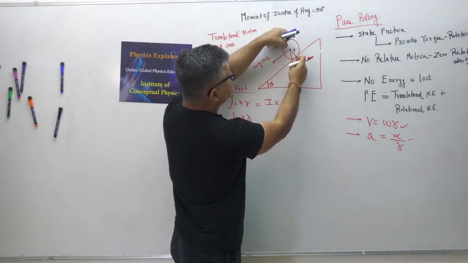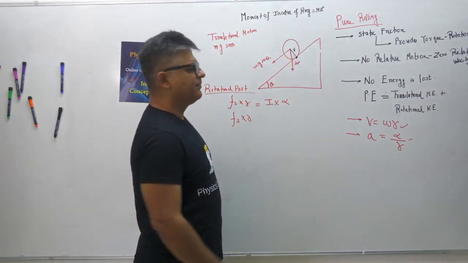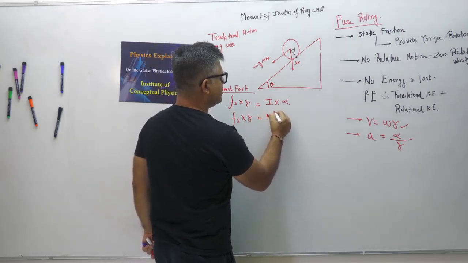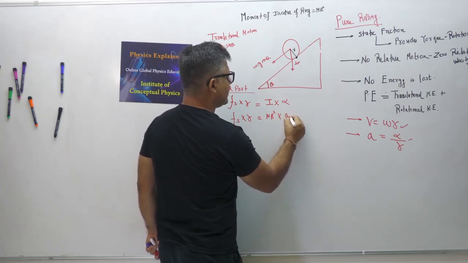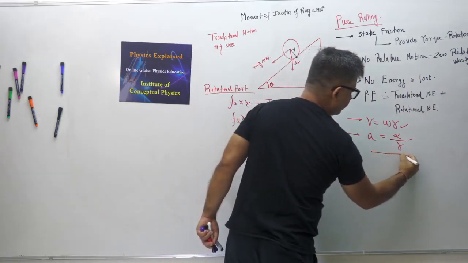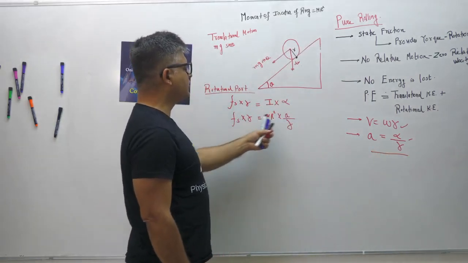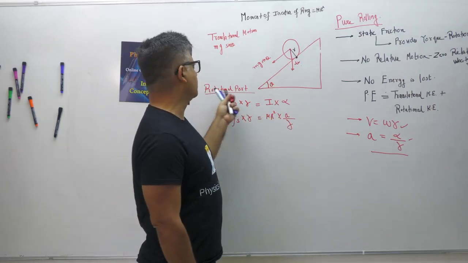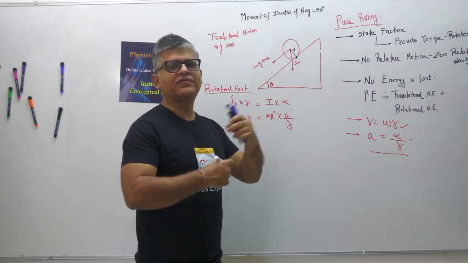This is the R you need to take, right? It is equal to mR squared multiplied by a by R. This is the equation of the rotational motion of the ring.